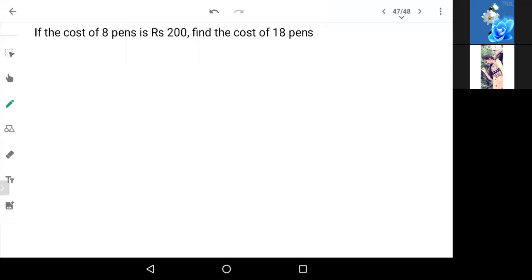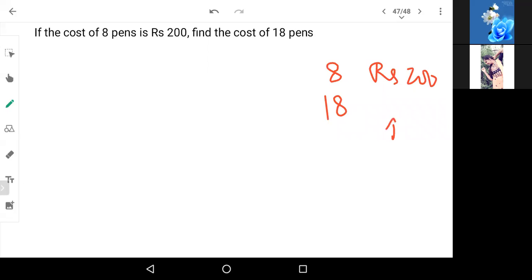Okay. Now let's go to the next question. If the cost of 8 pens is rupees 200, find the cost of 18 pens. Analyze first. Pens are 8. Amount is 200. If the number of pens increases, will the amount increase or decrease?